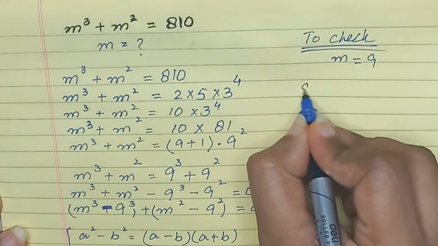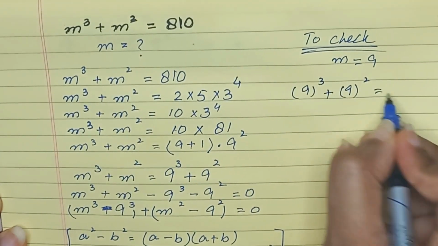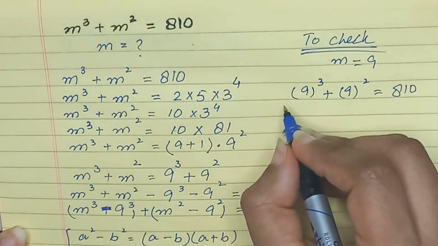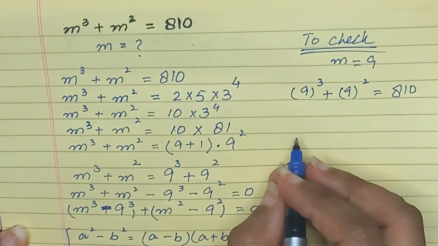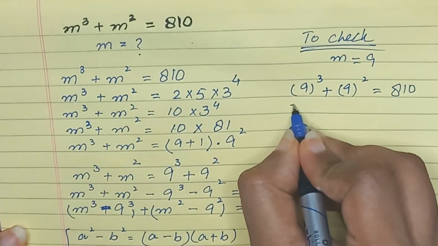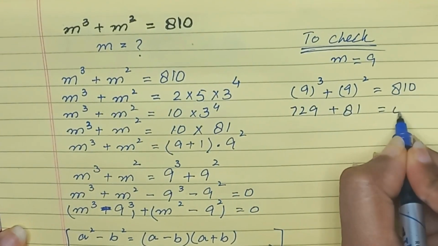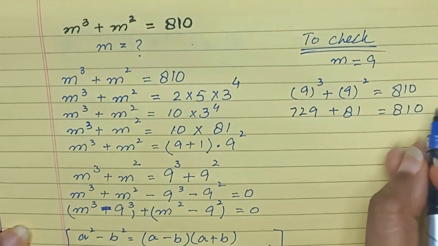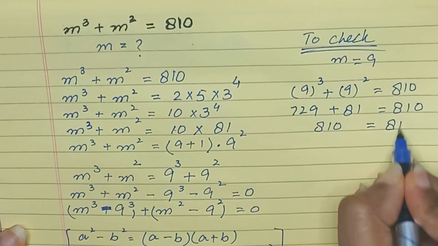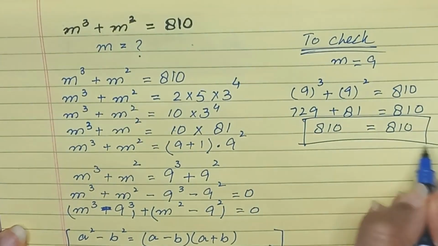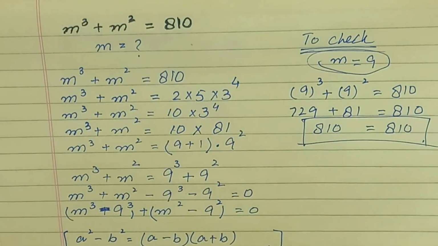It will become 9 cube plus 9 square, which is equal to 810, and 9 cube is equal to 729, and 9 square is equal to 81. Now we will add them, so it will be equal to 810 and it is also equal to 810. It means the value of m equal to 9 satisfies our given equation.